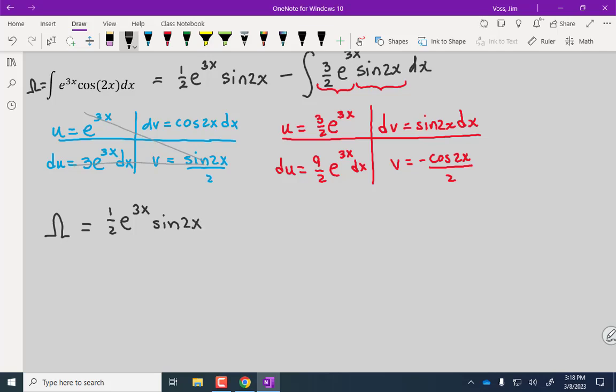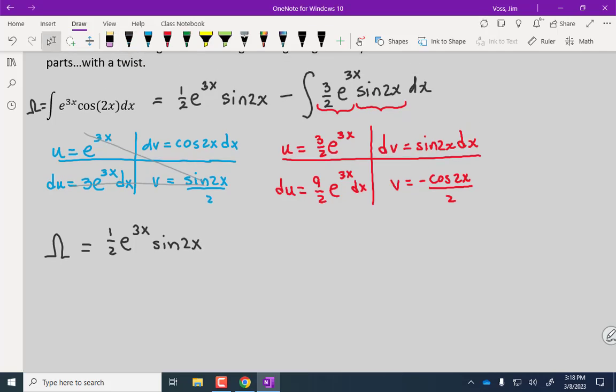All right, so now let's be careful. So normally we are doing uv minus integral of v du. But notice that there is a leading minus, a minus in front of that integral. That minus is going to distribute here and give us a minus uv plus the integral of v du.